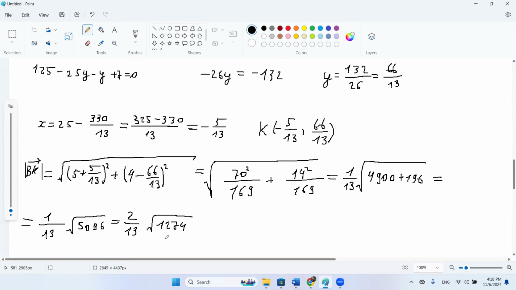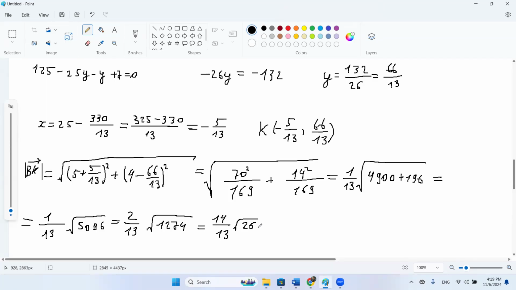What about 7? Let me calculate. Yeah, it's divisible by 49, I calculated it on my calculator. So we move 7 out of the root. So 7 by 13, and what remains is the square root of 26. So this is the final answer, the length of BK.